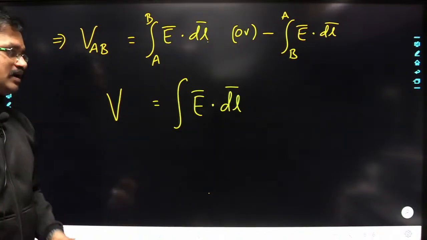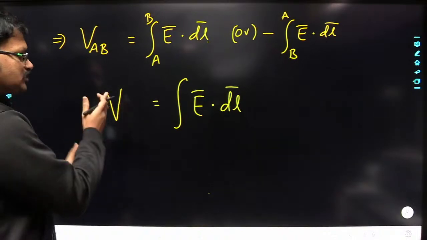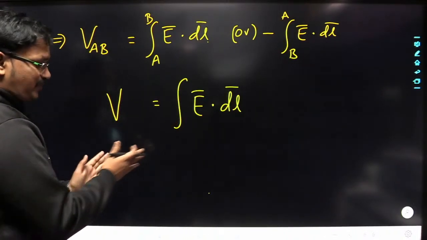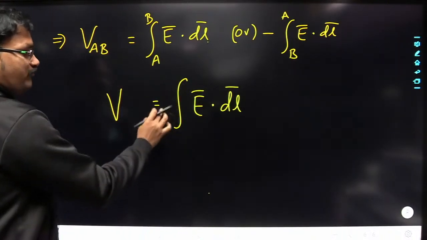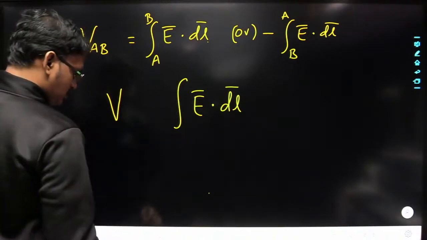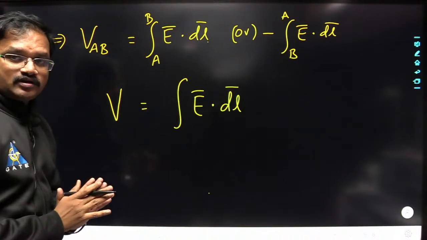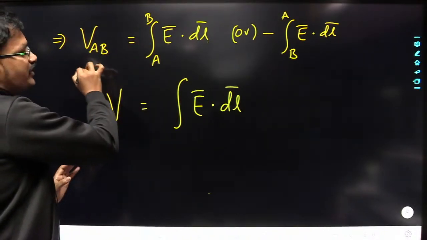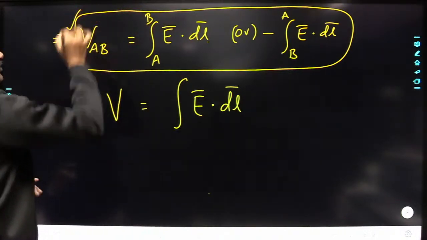Yes or no? But without limits, if I just represent the relation between the potential and electric field in this manner, then whether you have to put a plus or minus sign, tell me. I am not writing any limits here. If you write limits, then it is very clear. Yes or no? Whenever you are writing the limits, then it is very clear.